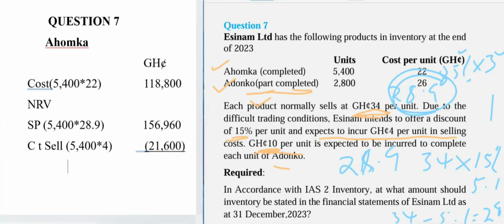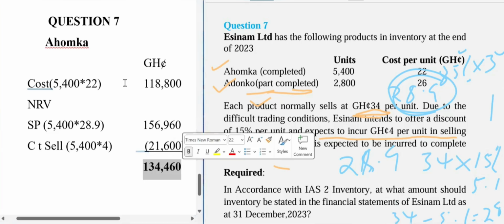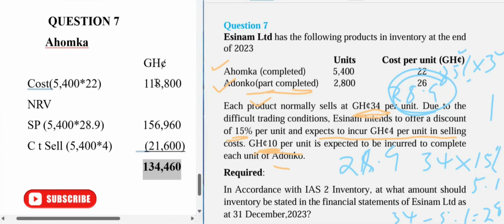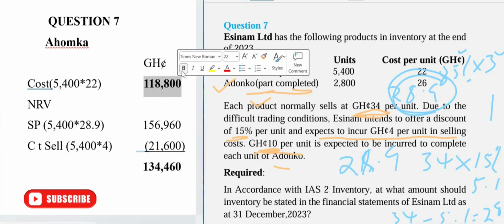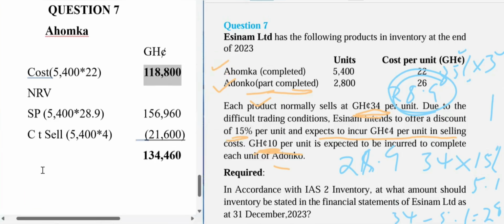We get 134,460, right? So this is the NRV. So we compare this NRV here with the cost here. Comparing these two, which one do we use as the value of inventory?